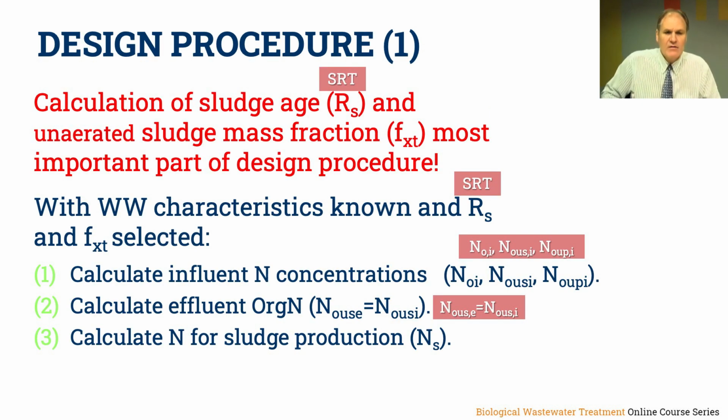All right. Now we're going to describe the design procedure for nitrification. And the first thing, and I want to stress that, and that's why it's in red, is that the calculation of the sludge age and the decision of what proportion of the mass of sludge in the system that must be in a non-aerated fraction is the most important decision that we are making for the biological reactor.